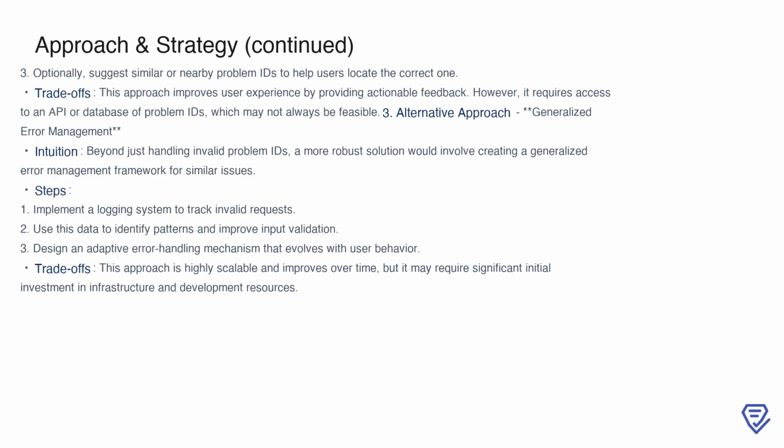With these insights, we could improve input validation mechanisms and design an adaptive error handling system that evolves based on user behavior. While this approach is highly scalable and forward-looking, it requires substantial investment in infrastructure and development resources. However, its benefits lie in the ability to address not just this specific issue, but a broader category of potential problems, making it a versatile long-term solution.